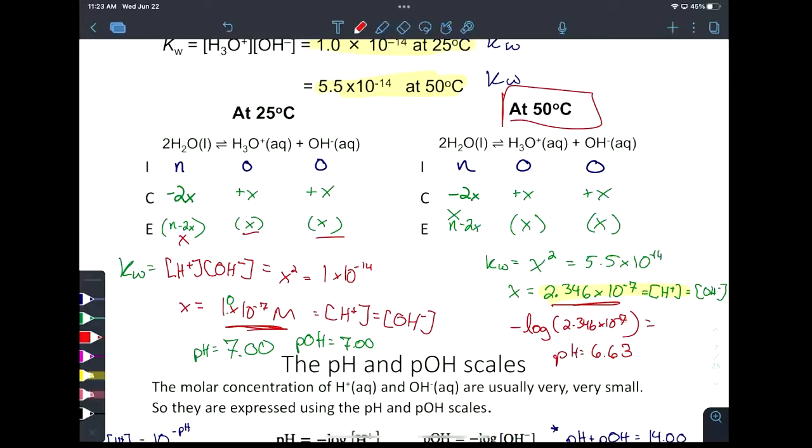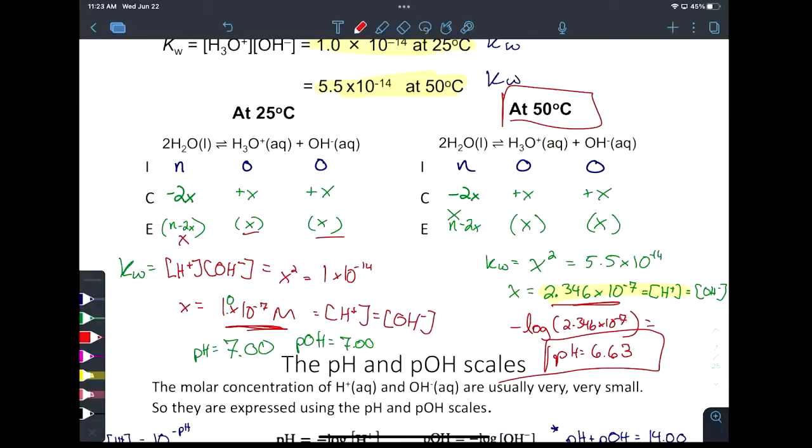Okay. So the whole idea that people say neutral means pH 7, that's wrong. That's only true at 25 degrees Celsius. We just proved it.